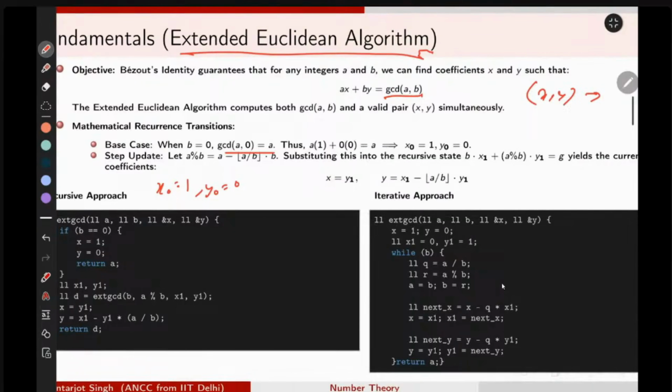As we know, we can represent the remainder as a minus floor of a divided by b, times b. And since we were doing this, now you have to find the values x and y for GCD of a and a mod b, right?